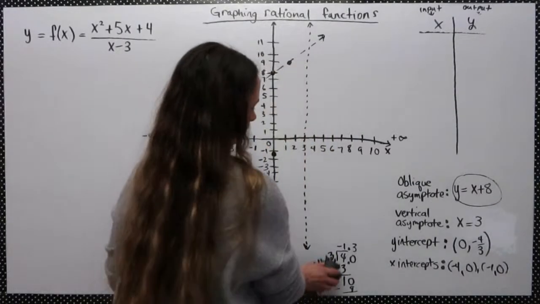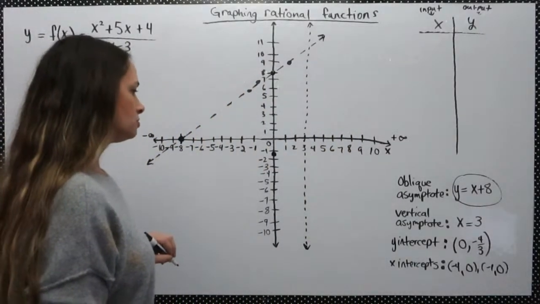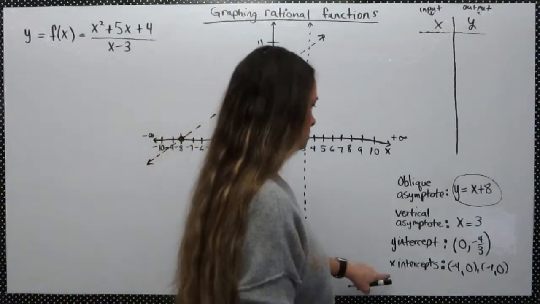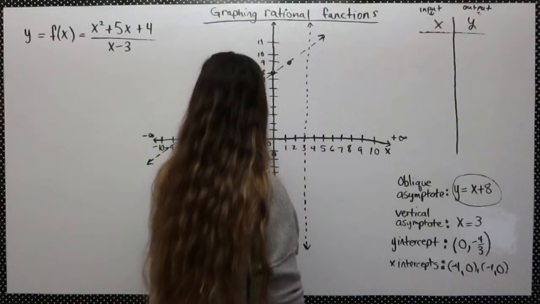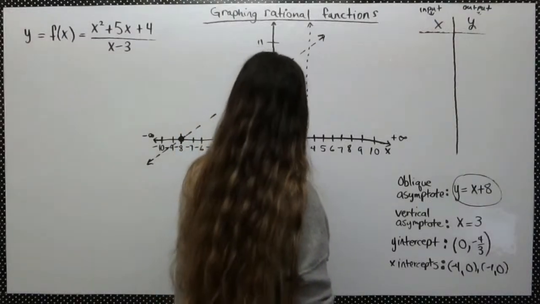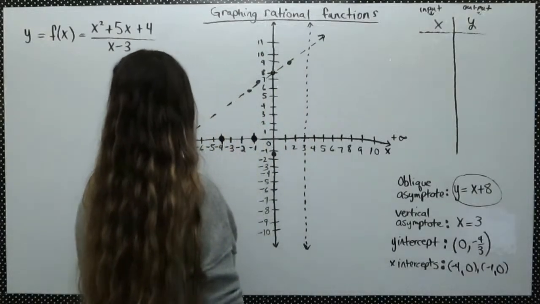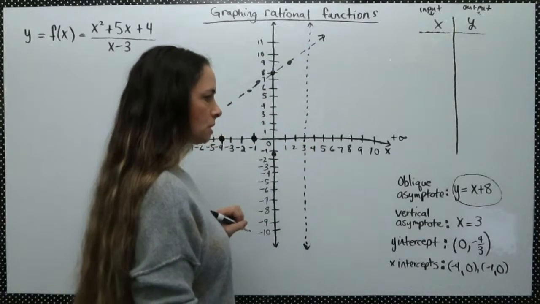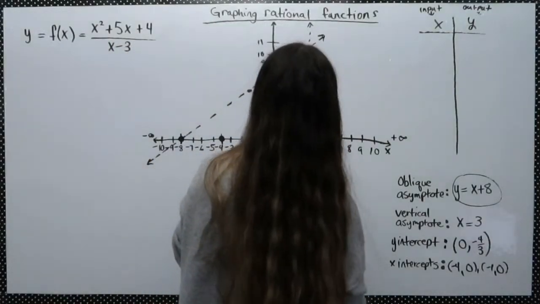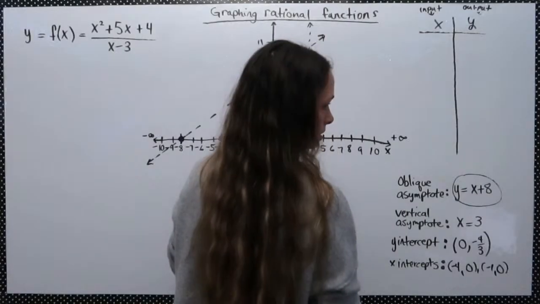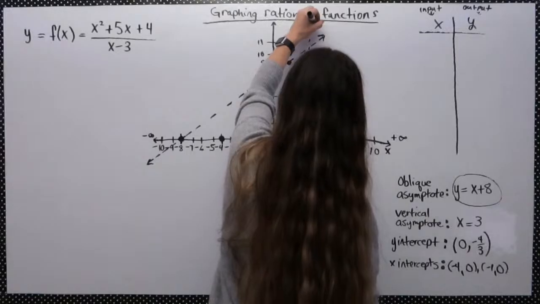Okay. So I've got my y-intercept graphed, and then my x-intercepts, there's one at -4. And there's one at -1. All right, so what I want to do is, it looks like I did not leave enough room up here for any of these points to show up.